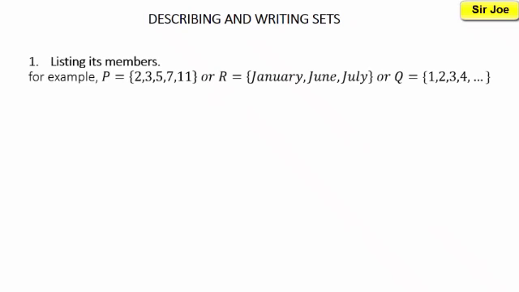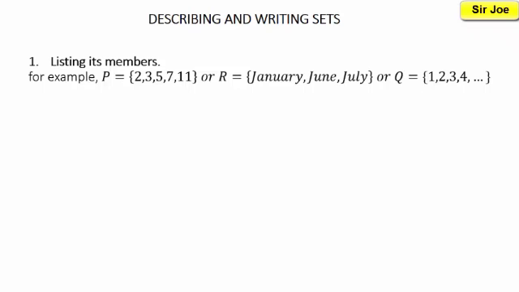How do we describe and write a set? We can describe and write a set by, one, listing its members. For example, P = {2, 3, 5, 7, 11}, or R = {January, June, July}, or Q = {1, 2, 3, 4, ...} up to infinity.